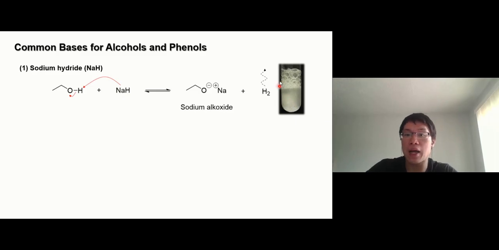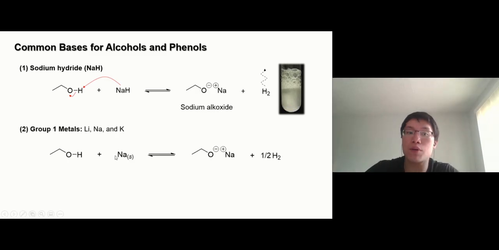There's a lot of sodium alkoxide in here. Another common reagent to deprotonate alcohol is an alkali metal: lithium, sodium, potassium. The reaction proceeds through a single electron transfer, but we're not going to do that here, and you get sodium alkoxide and also hydrogen gas coming out too.